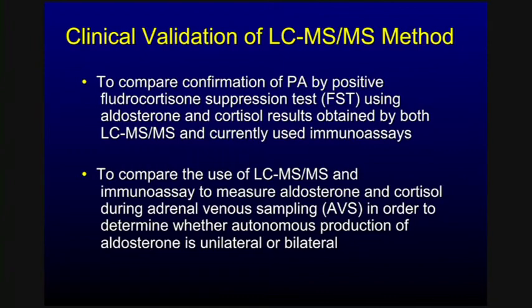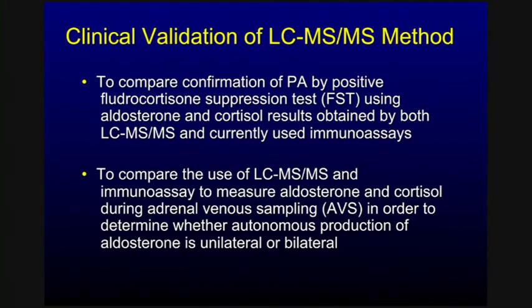Most recently, Paul has begun looking at clinical validation of this method in patients with primary aldosteronism. And he did this by looking at LC mass spec versus immunoassay in two very important processes of the diagnostic workup. First, fludrocortisone suppression testing, and secondly, adrenal venous sampling.